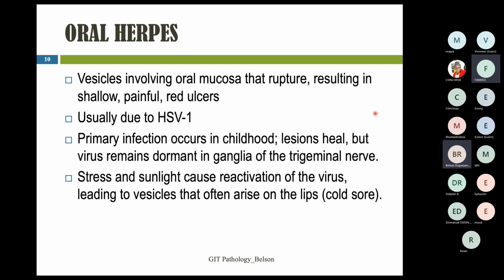So you can have HSV2 positive in the oral cavity, or HSV1 positive in the genital organs. It happens nowadays. Primary infection happens in childhood. The lesion heals, but the virus remains dormant in ganglia in the trigeminal nerve.